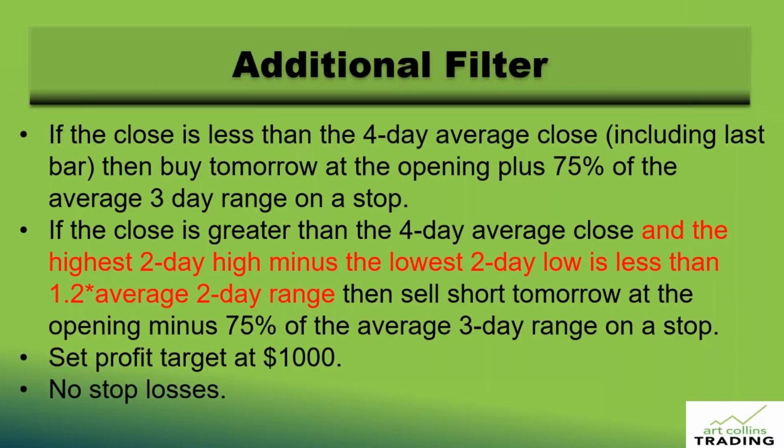In this case, we add this qualifier: if we're going to take a short trade, the highest 2-day high minus the lowest 2-day low has to be less than 1.2 times the average 2-day range.